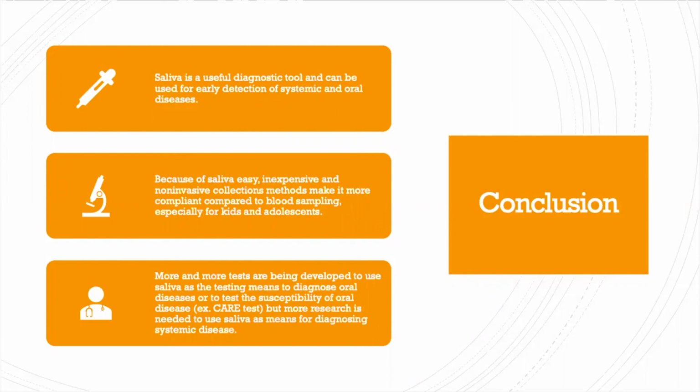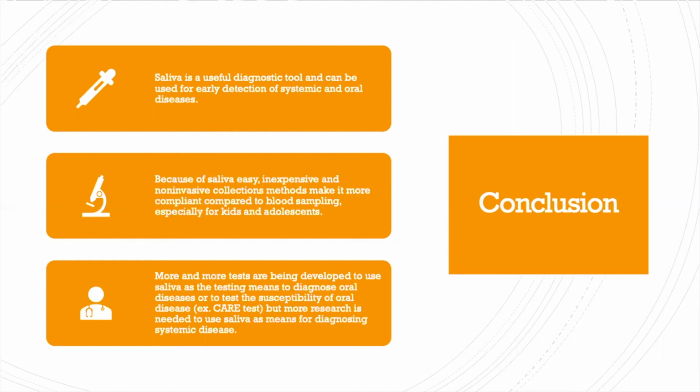More and more tests are being developed to use saliva as the testing means to diagnose oral disease or to test the susceptibility to oral disease. For example, the CARE test, which we went over, detects how prone someone is to cavities.